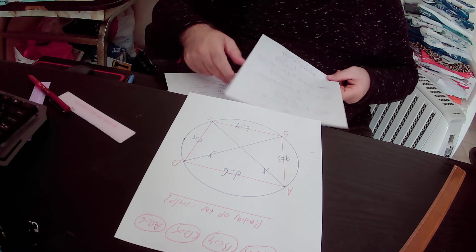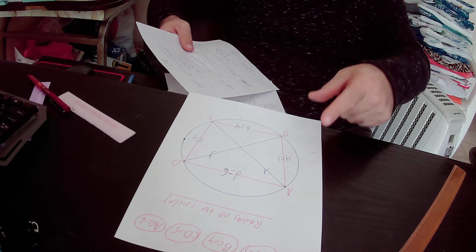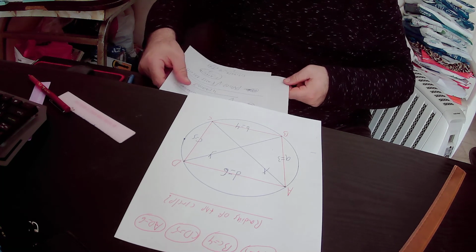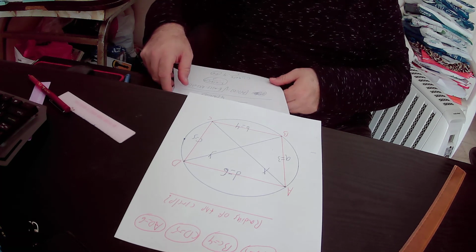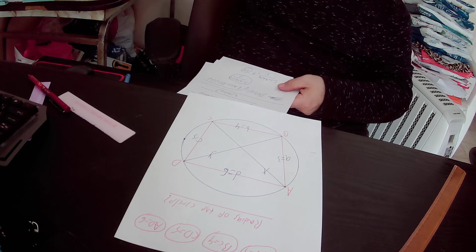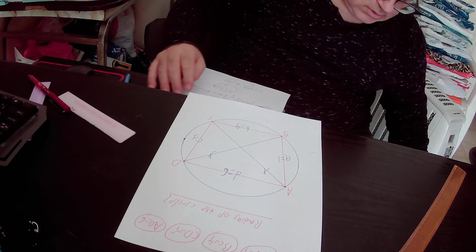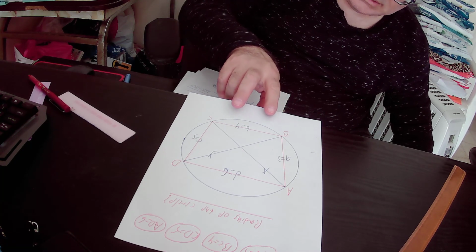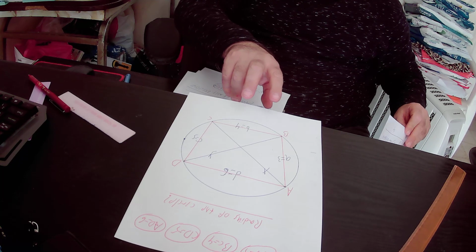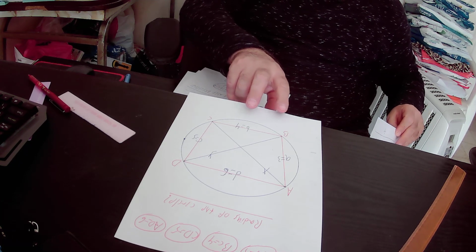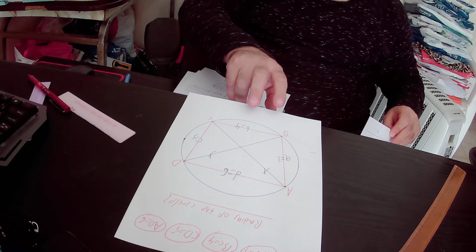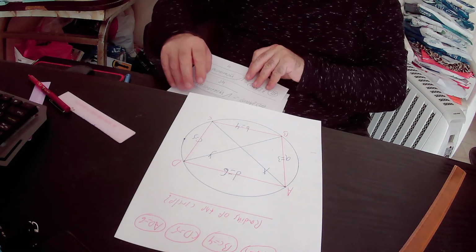We know that side AB of quadrilateral ABCD equals 3 units, so we define side AB as A, and A equals 3 units. We also know that BC equals 4 units, so we define BC as B, and therefore B equals 4 units.